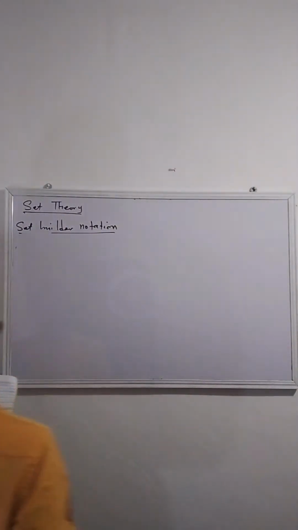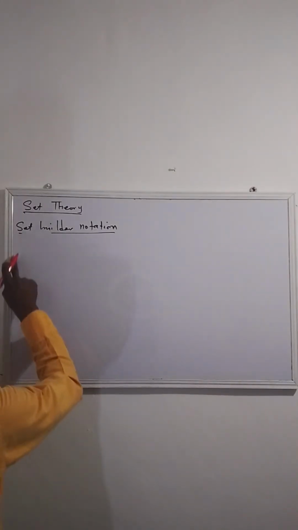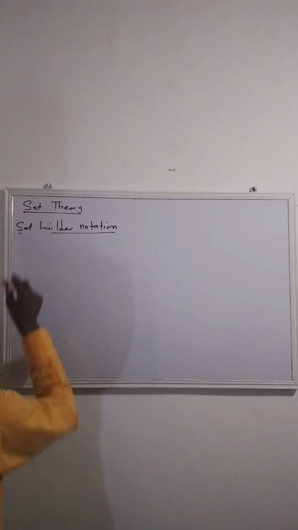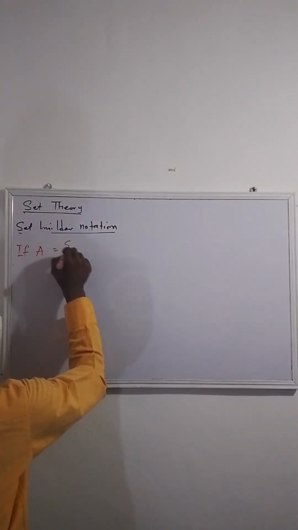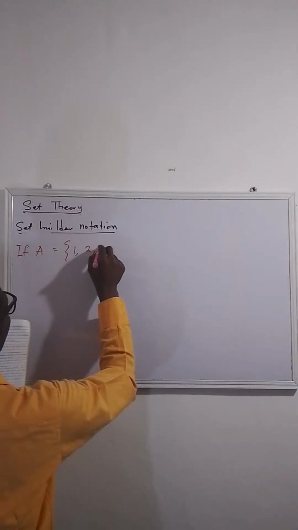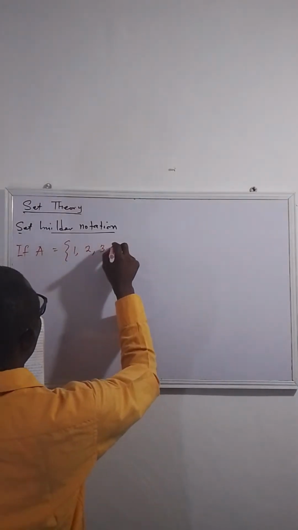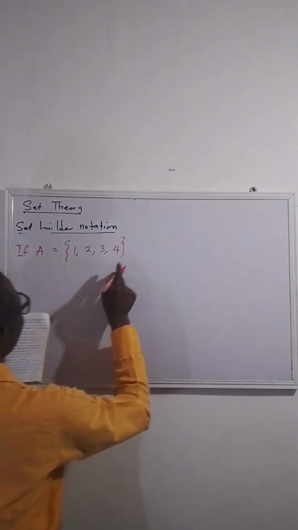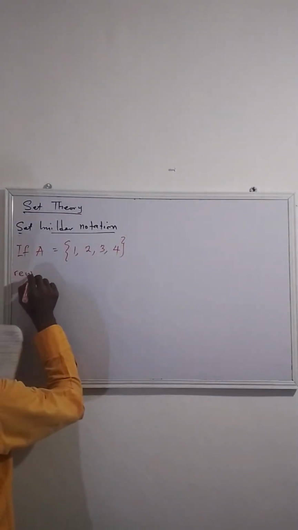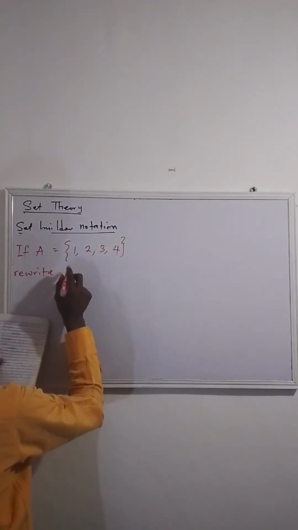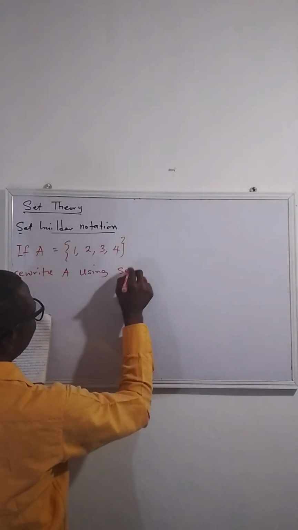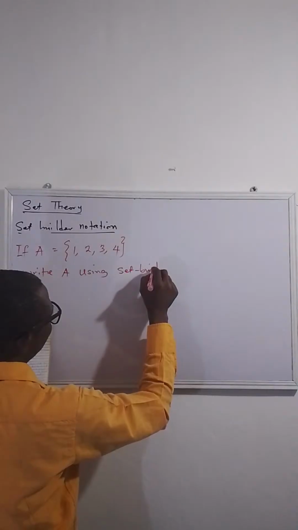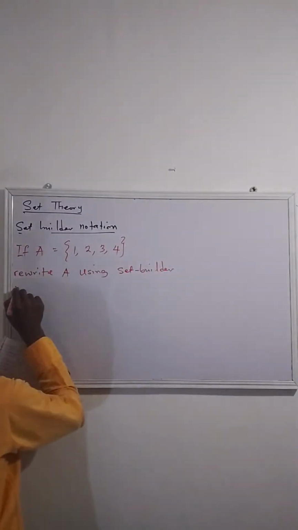If A is the set of 1, 2, 3, 4, we write A using set builder notation.